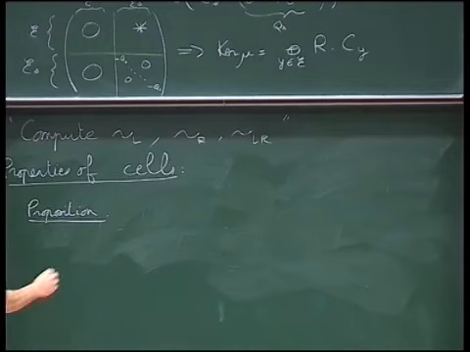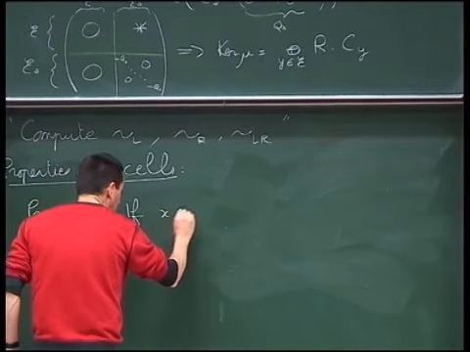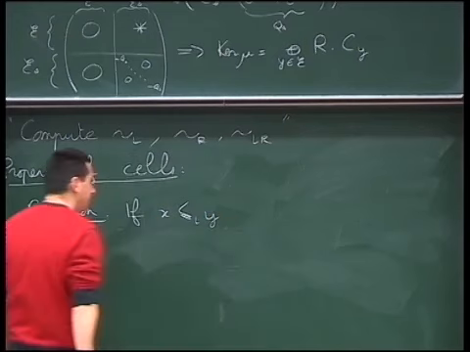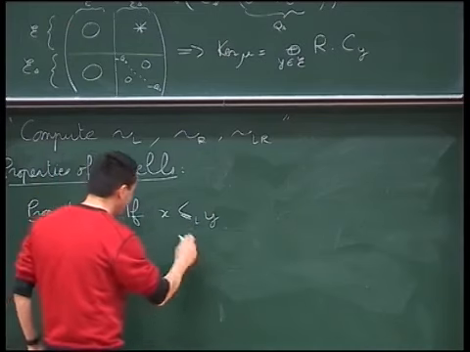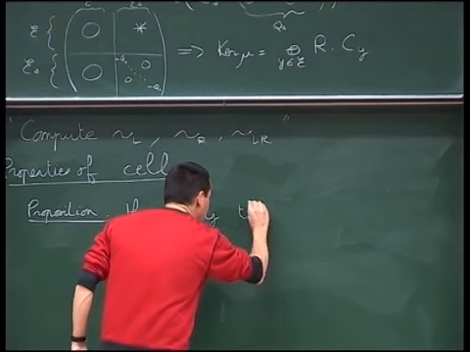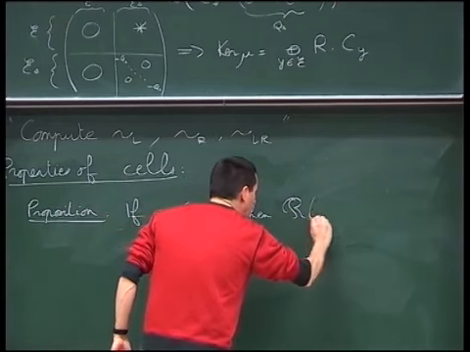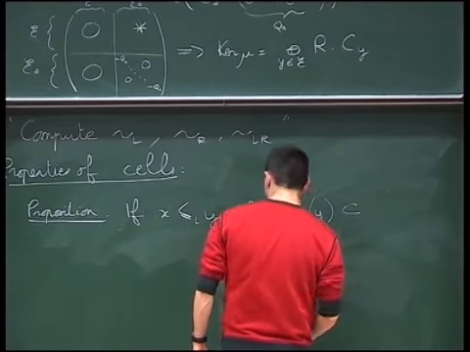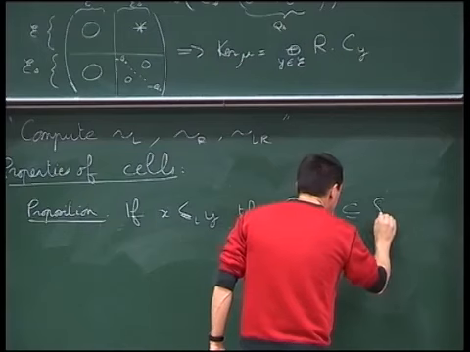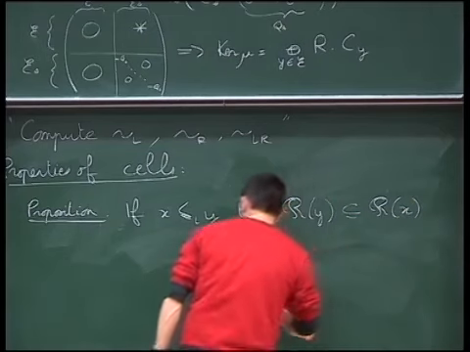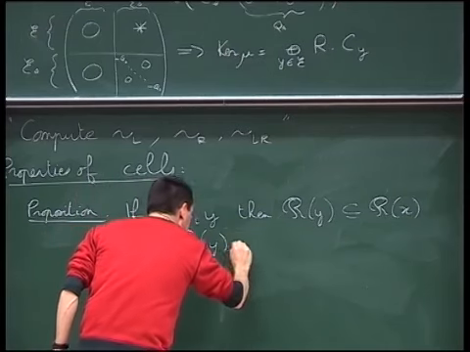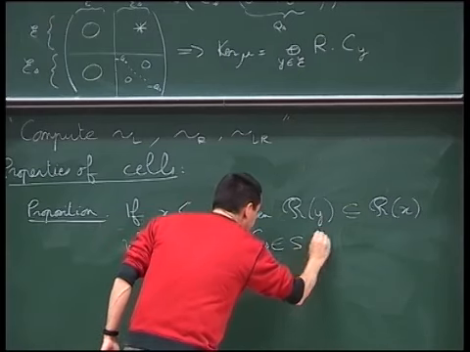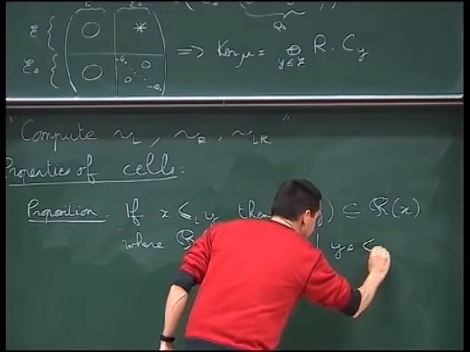If x is less than y, left, then the right descent set of y is contained in the right descent set of x, where the right descent set is equal to the set of s in S such that ys is less than y.